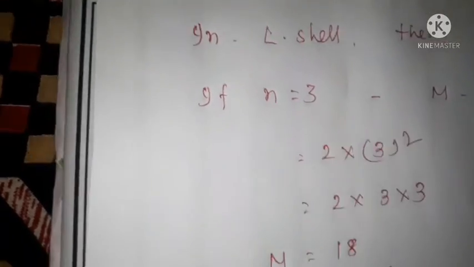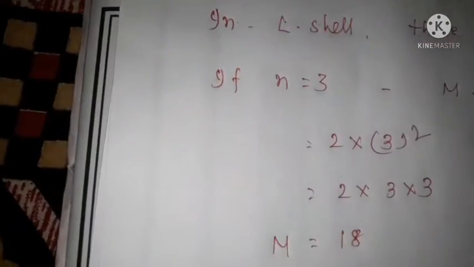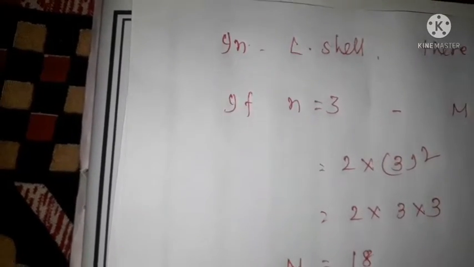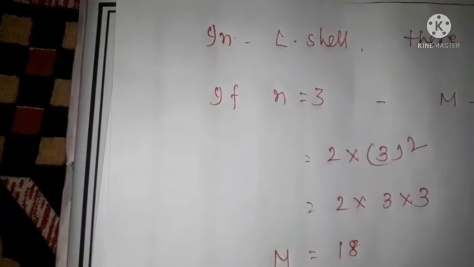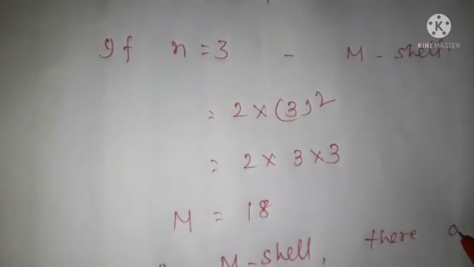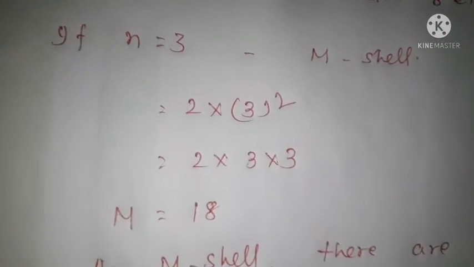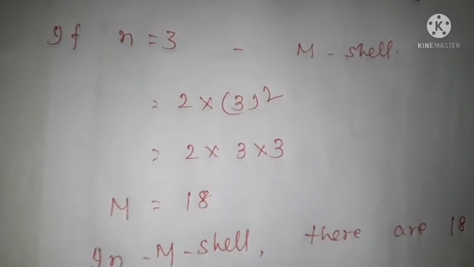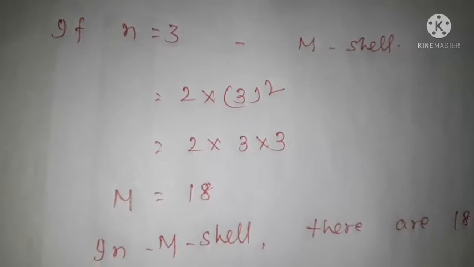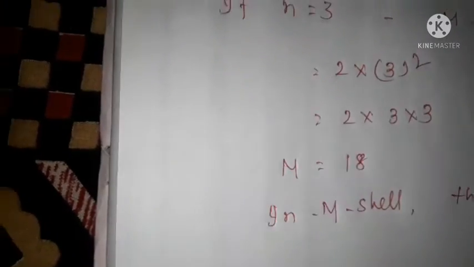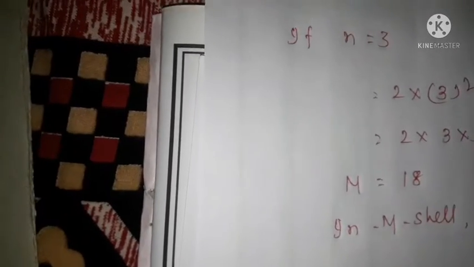M contains 18 electrons. Now we can say that in M cell there are 18 electrons.